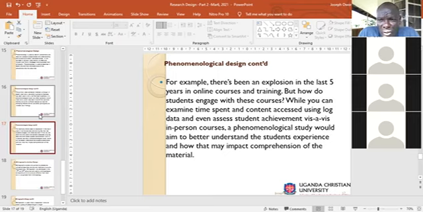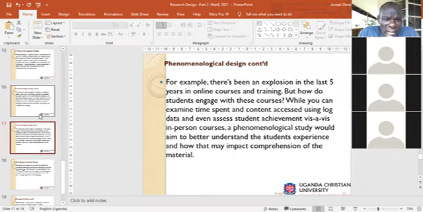So all those things you know only when you have experienced it. And that's a phenomenological issue. You cannot know about the feelings of students until you observe or interact with them, how they feel about online.